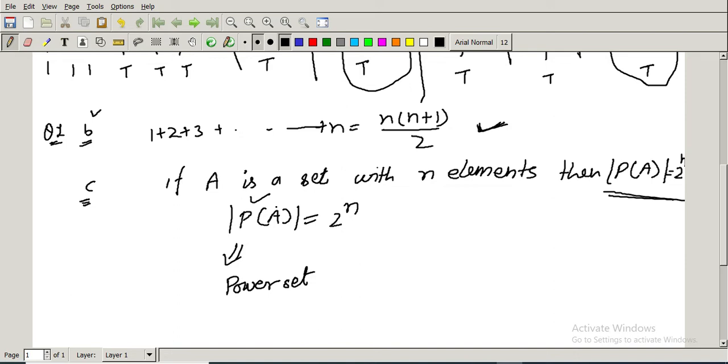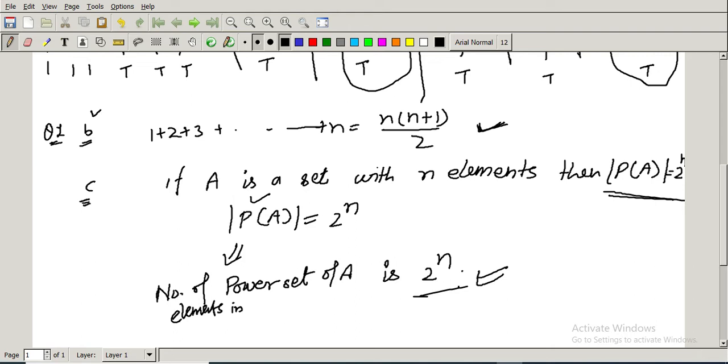This is the power set of A, and this is its number. It says that the number of elements in the power set of A is 2 raised to power n. This is what you have to prove.